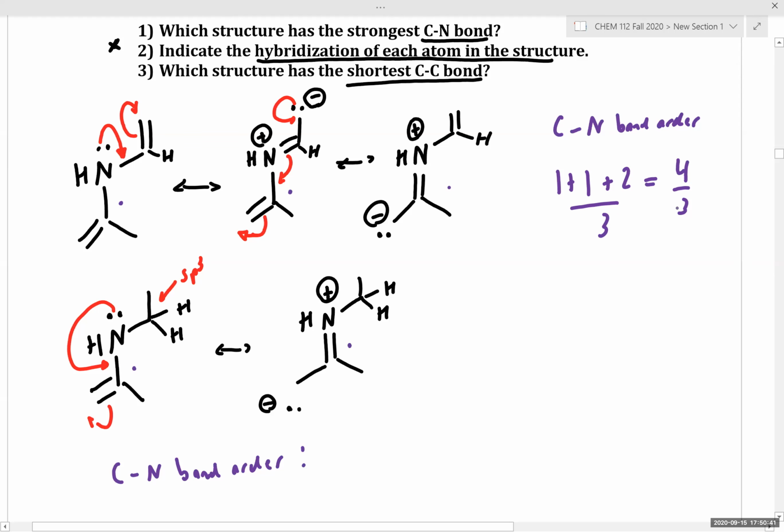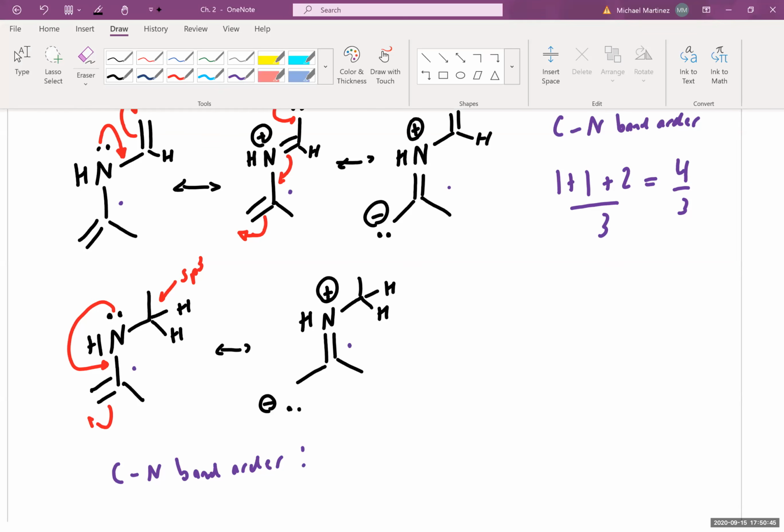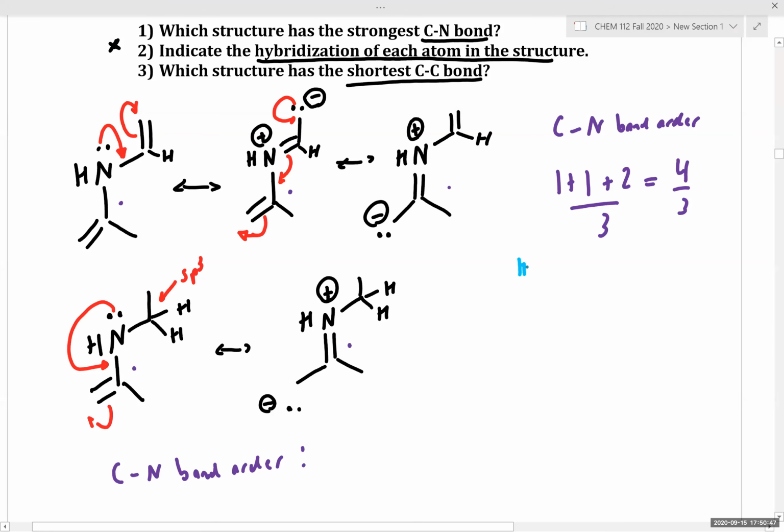Another estimation method that you can use is to take the number of pi electrons and divide it by the number of atoms. That gives you an estimate for the relative amount of electron density distributed in each of our bonds.